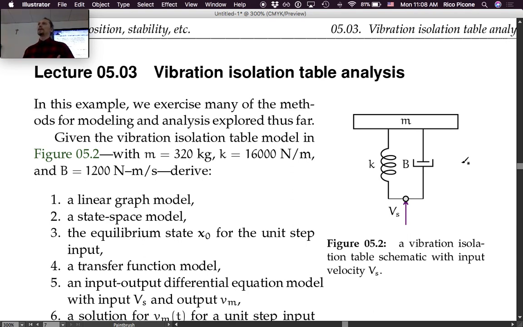The legs have some sort of rubber element in line, so that any vibration from the floor has to be transmitted through that element, and it damps some of that out. The idea is you're trying to isolate whatever's sitting on top of the table from whatever vibrations are coming from the floor, especially in a noisy environment, like a shop or industrial environment. Some instruments will break if you subject them to very many vibrations over very much time.